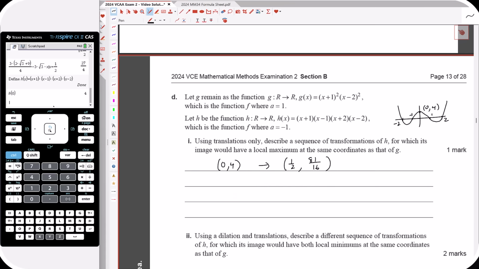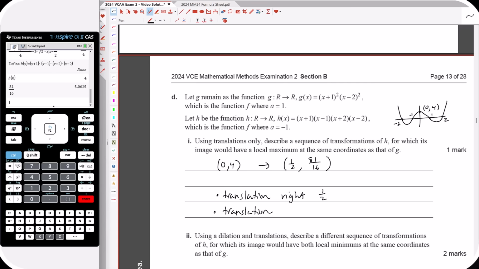Okay, so that means we're going to need a translation to the right by half, and a translation, is that up or down? 81 on 16, I think so. It's 5 point something, so we're going up.